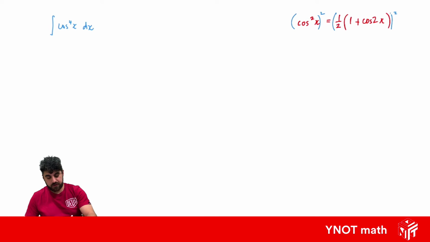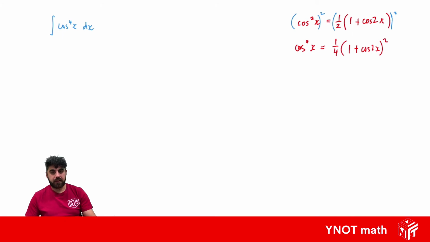So we get cos to the 4 x equals, well, we can square the half, which is going to give us a quarter. And let's just leave this as 1 plus cos 2x all squared.